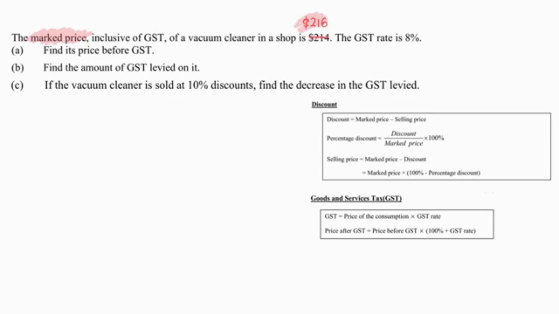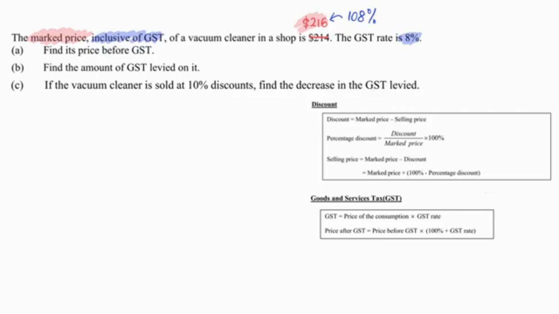And then we are also given that the goods and services tax rate is 8%. This mark price also includes GST. So that is a very important clue, because this means that this mark price is 108%.